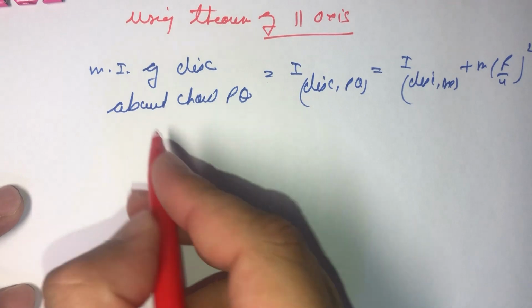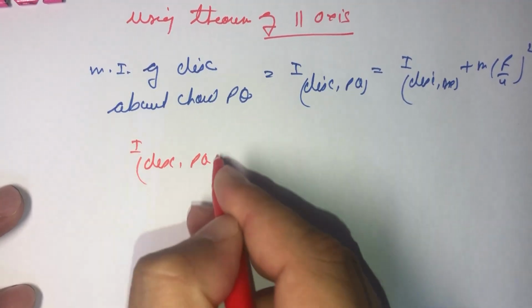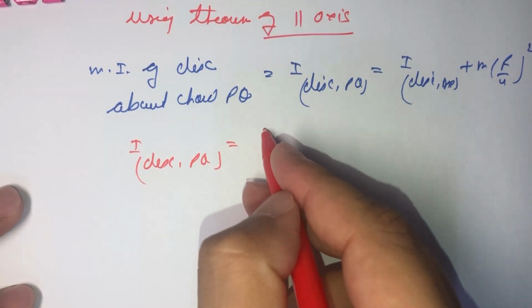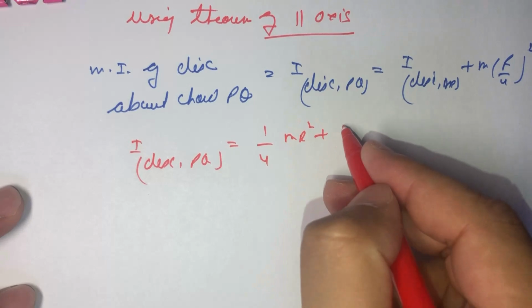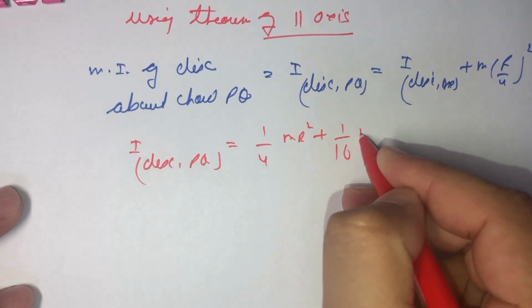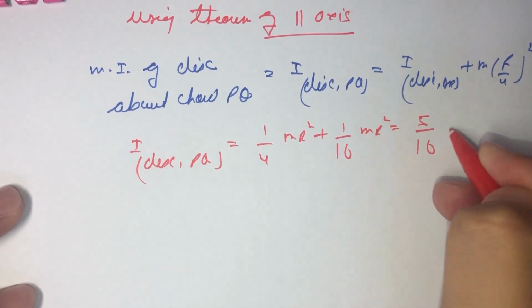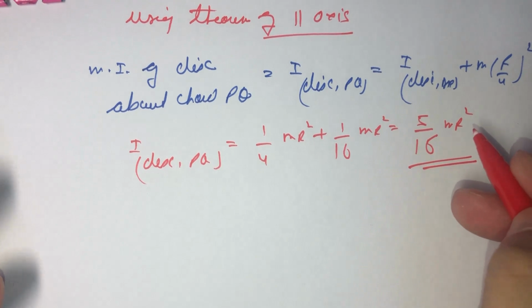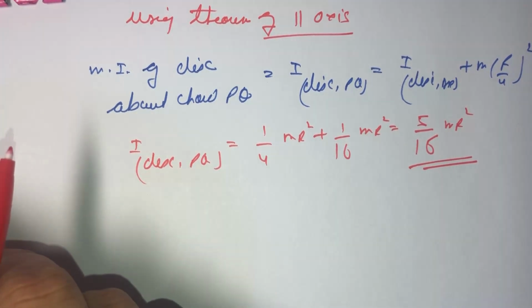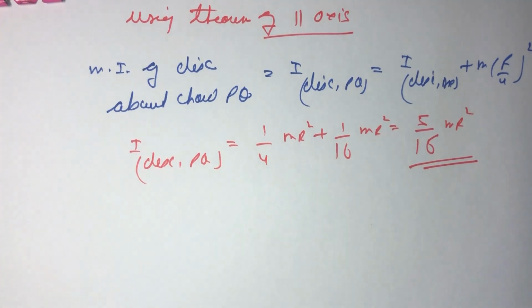So we can write that I disk about chord PQ will be equal to 1 by 4 mr square plus 1 upon 16 mr square, and this comes as 5 upon 16 mr square. So we found the moment of inertia of the disk about the axis of rotation, that is PQ.